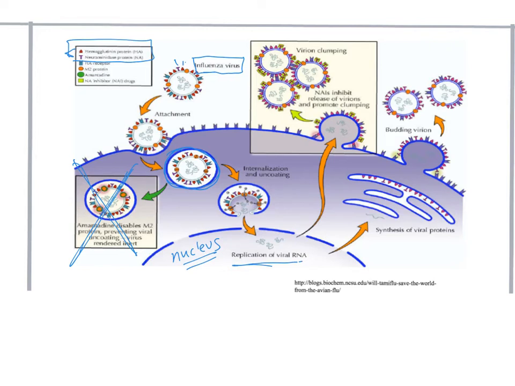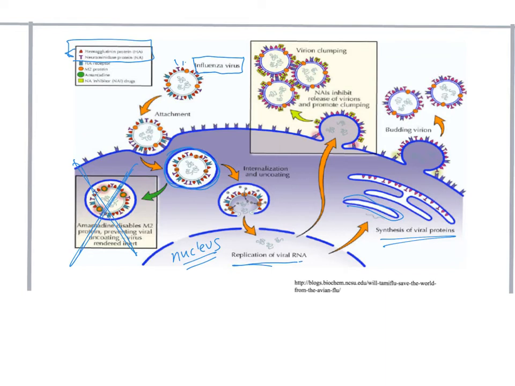Well, it's one of only 2 RNA viruses that does that, and we'll talk about why in a minute. But they enter the nucleus and start synthesizing viral proteins. Remember, they need the ribosomes to do that. I guess this is supposed to be the rough ER over here.